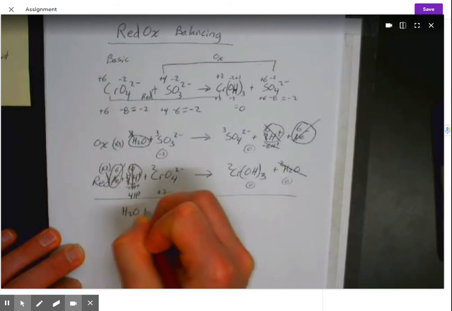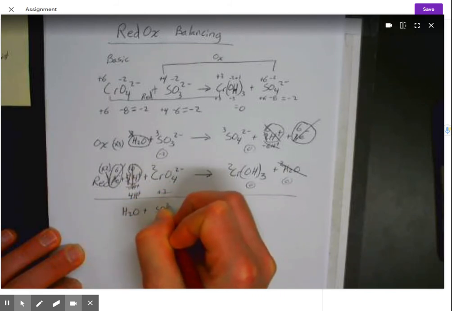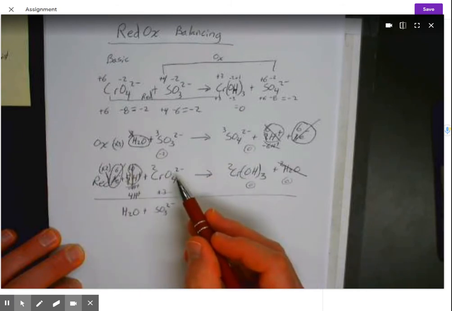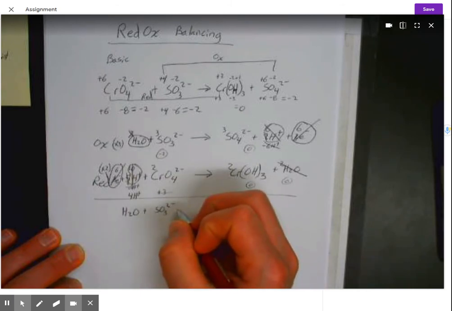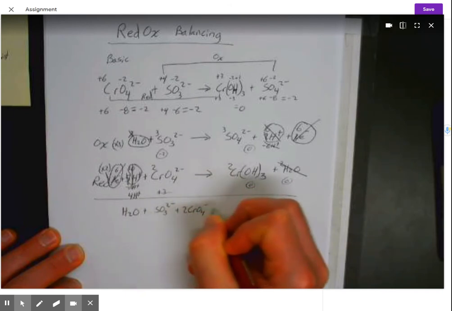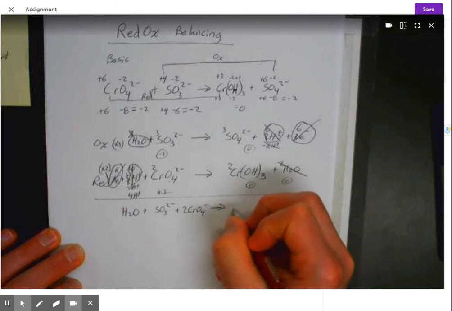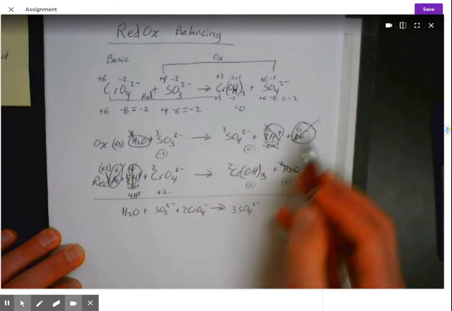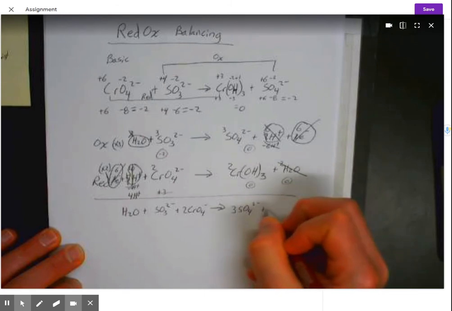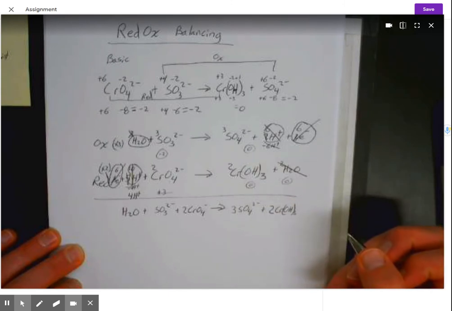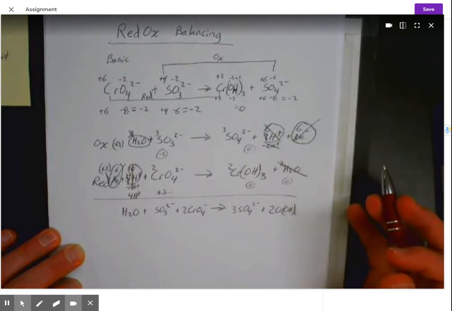I've got a water, sulfite, and 2 chromates. And then on the other side, I have 3 sulfates, 2 chromium hydroxides, and that's it.